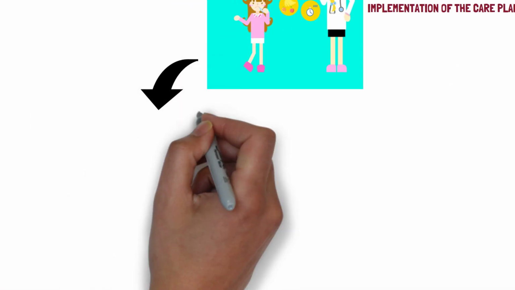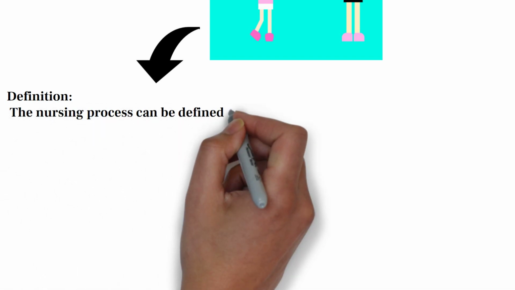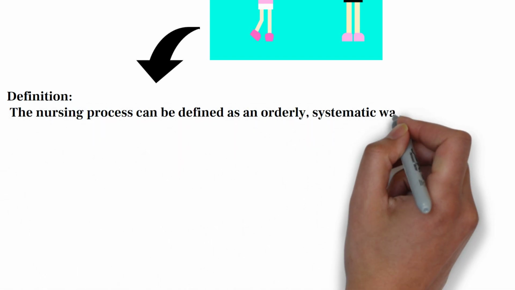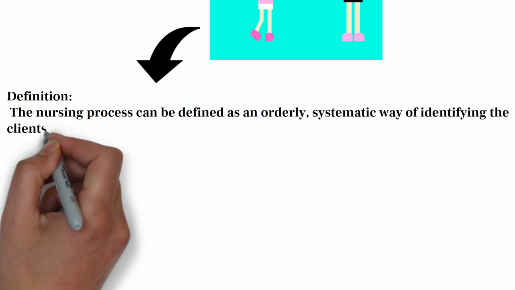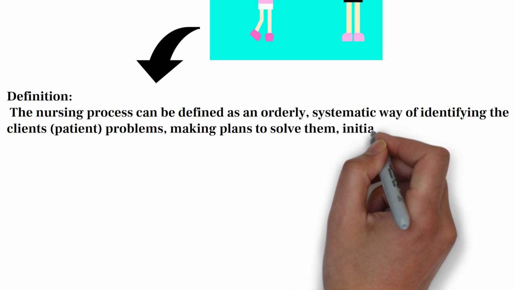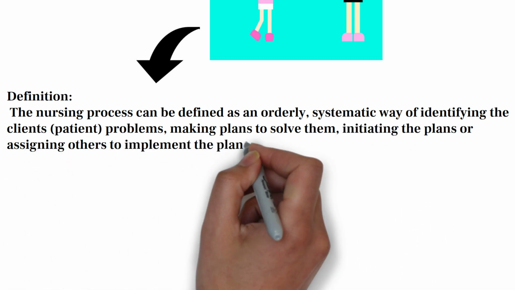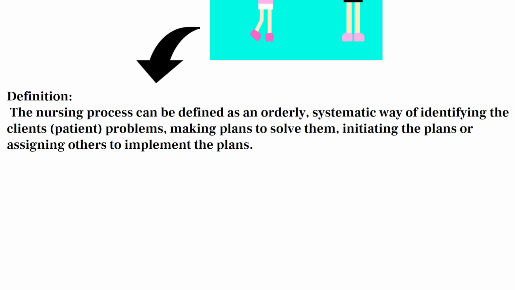Next, we come to the definition. The nursing process can be defined as an orderly, systematic way of identifying the client's or patient's problems, making plans to solve them, initiating the plans, or assigning others to implement the plans.